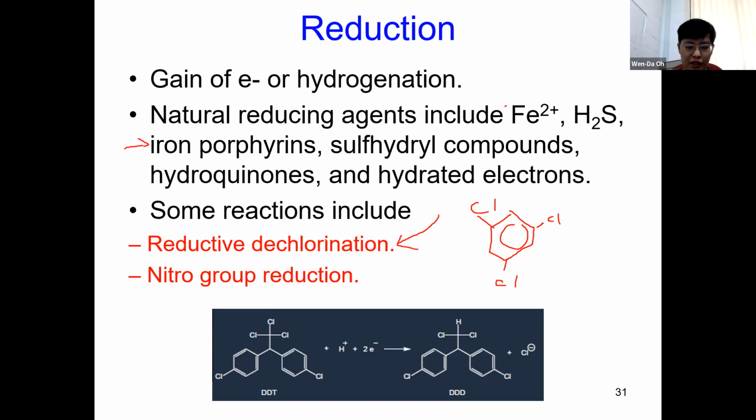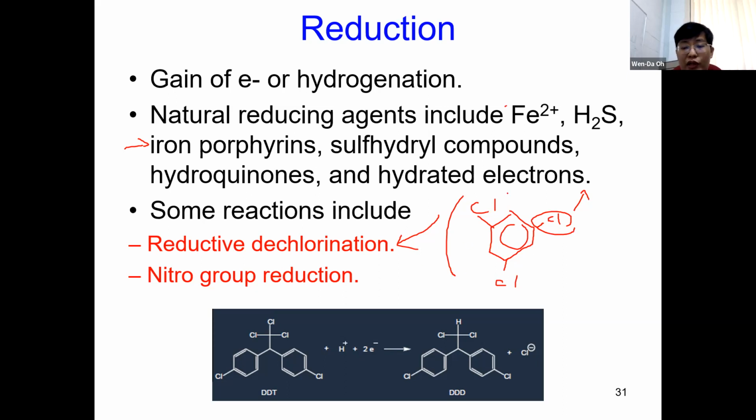So one of the treatment strategies that people employ is reductive dechlorination, which means that we subject this kind of pollutant to anaerobic conditions, and then this Cl can actually be released through microorganism action. Those microorganisms can dechlorinate this kind of molecule, but it has to be under anaerobic conditions because this is a reduction.